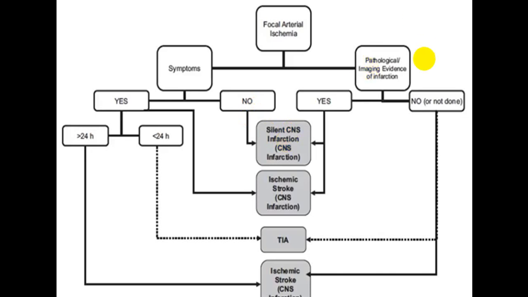If there is pathological evidence of infarction, if the answer is no, then look for TIA or ischemic stroke. If the answer is yes, look for silent infarct or ischemic stroke.